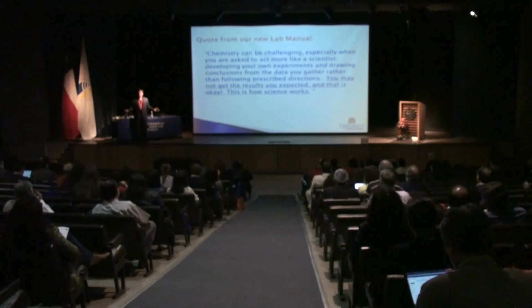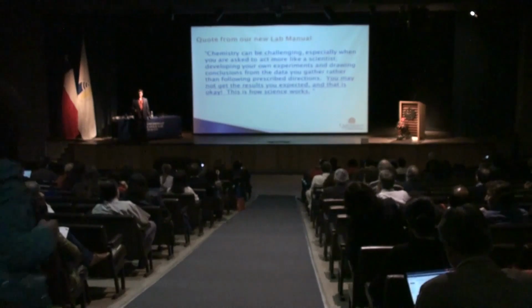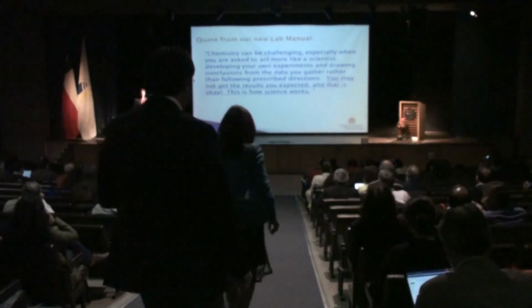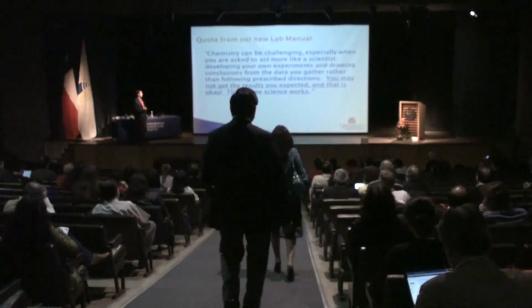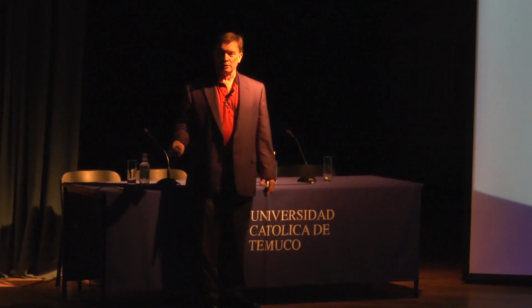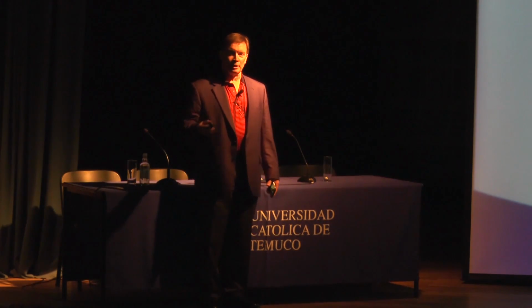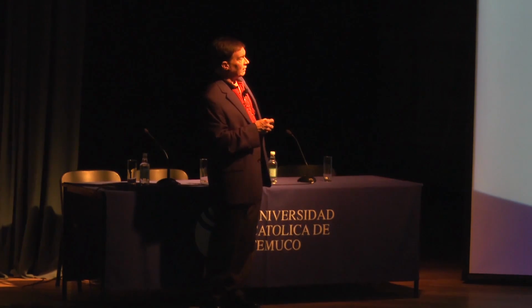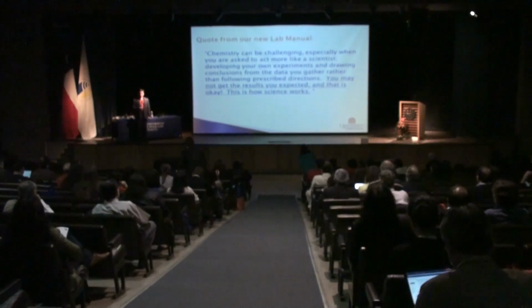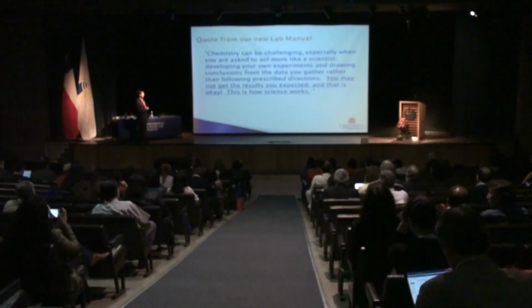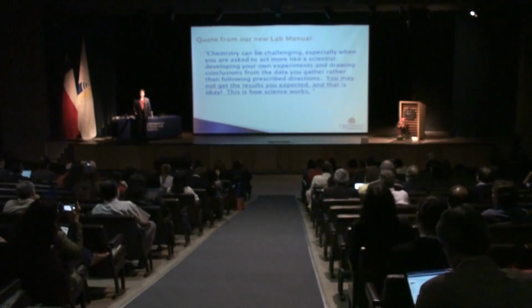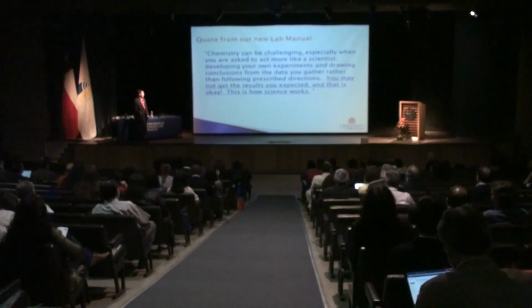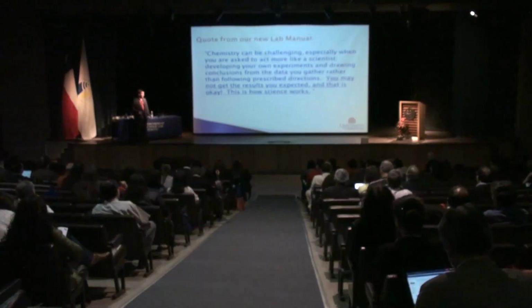And then we translated that idea into a new laboratory manual for our course. And here's just one little quote from that new laboratory manual. This is the first thing the students see when they get ready to start our laboratory course each fall. "Chemistry can be challenging, especially when you are asked to act more like a scientist, developing your own experiments and drawing conclusions from the data you gather rather than following the prescribed directions.